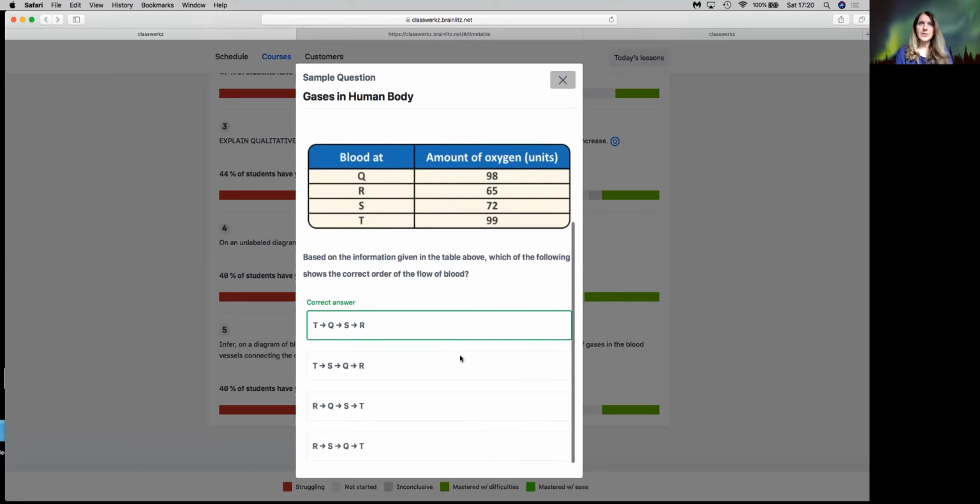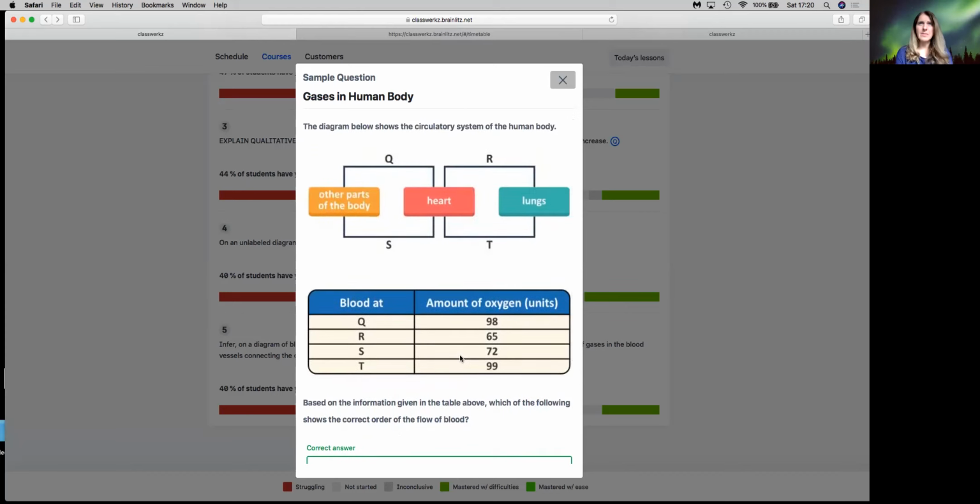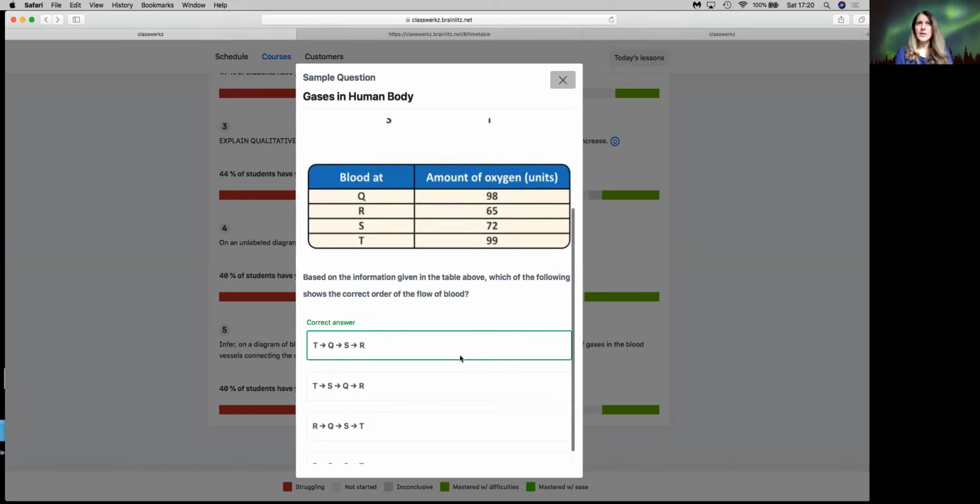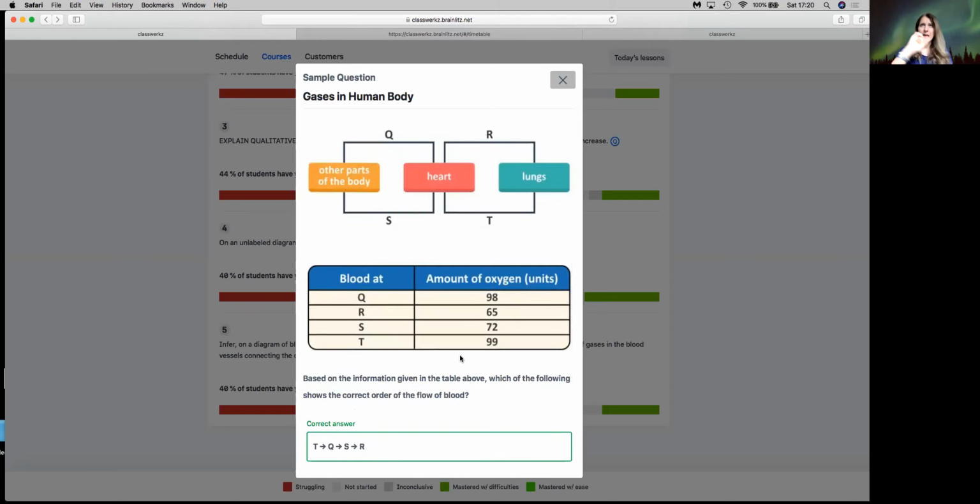That's something quite challenging for the students, to make that analysis. So maybe practicing analysis of classification is something at this stage that they need a lot of help with.